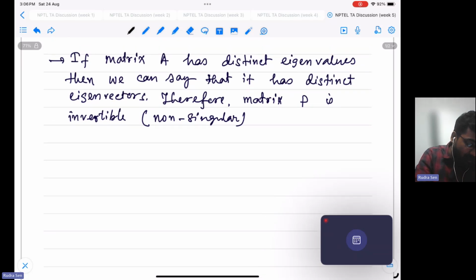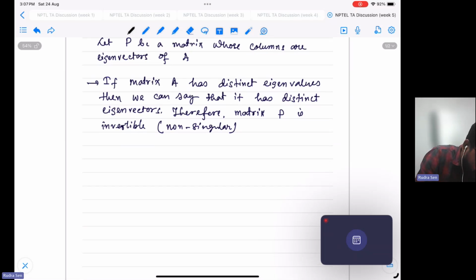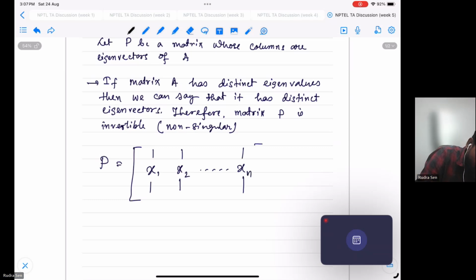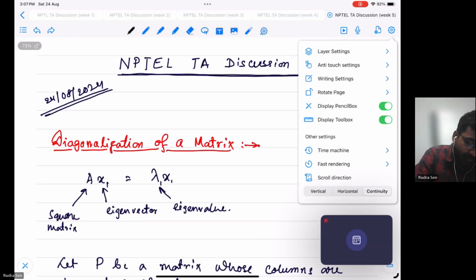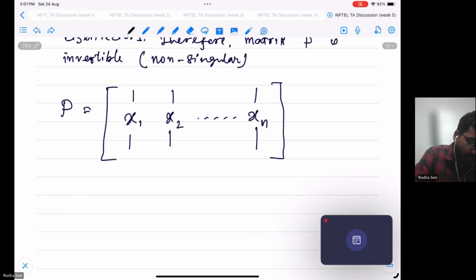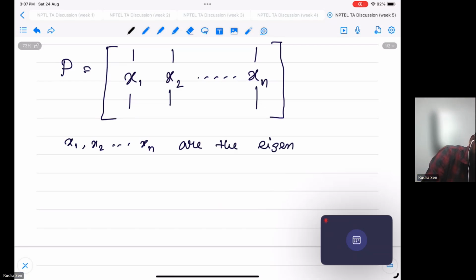So why is it required? P is x1, x2, up to xn, where x1, x2, xn are the eigenvectors, right?